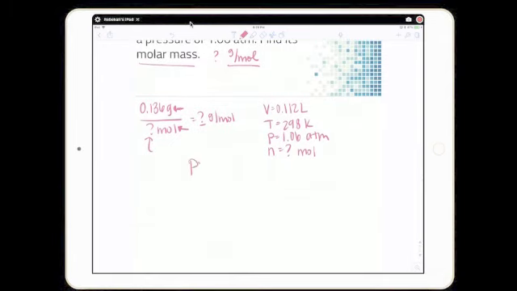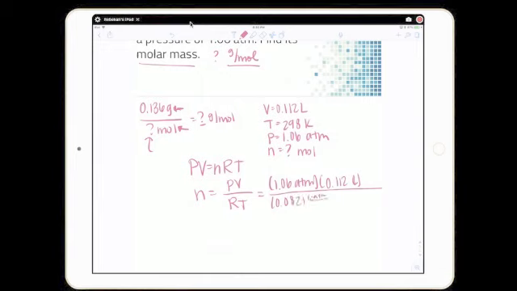So it looks like I'm using the ideal gas law because I don't have more than one of anything. But this time I'm solving for n, so it's PV over RT, which in this case is going to be 1.06 atm multiplied by 0.112 liters over R, which is 0.0821 liters times atm over moles times Kelvin, times T, which is 298 Kelvin.